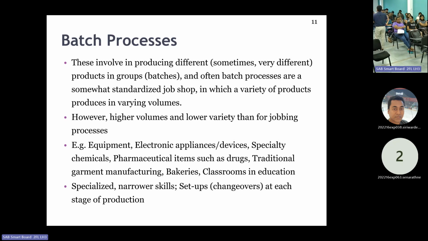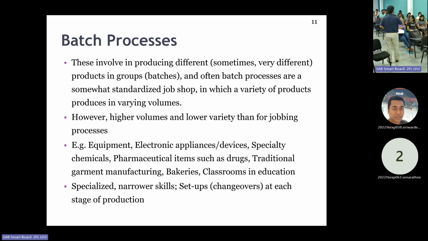Now, can we produce customized product, or can we produce standardized product using batch processing? That is the common thing, right? Often we can produce standardized products using batch processing, but nevertheless, we can even produce customized products using batch processing.